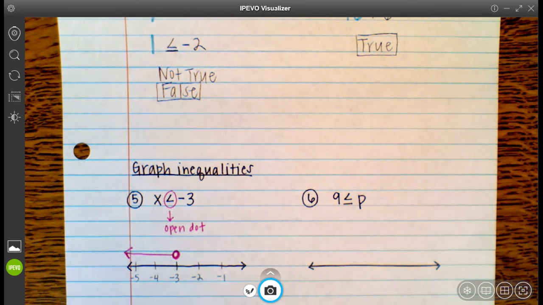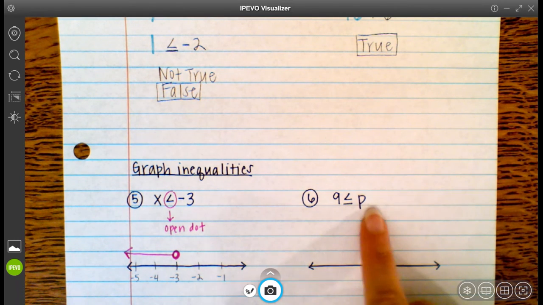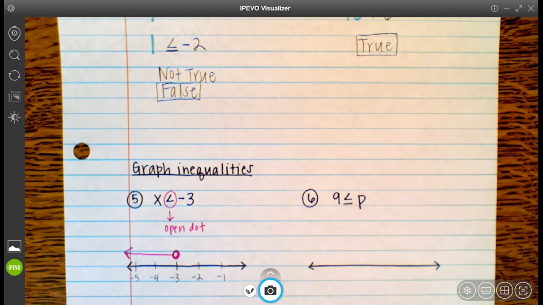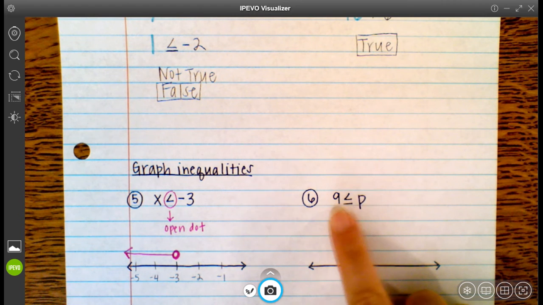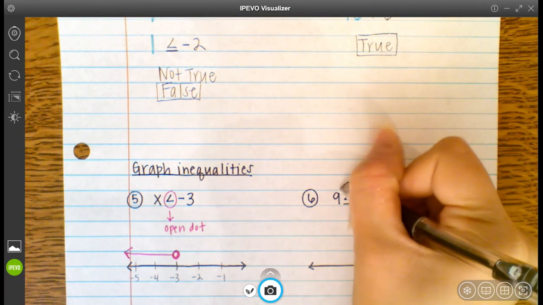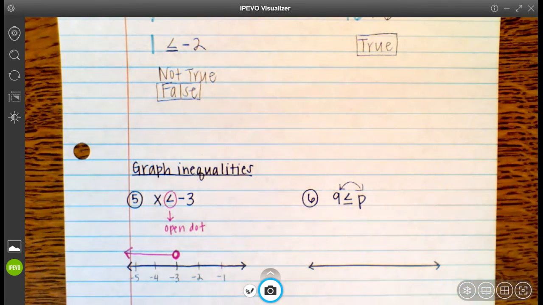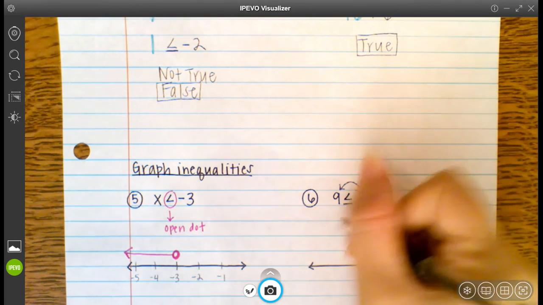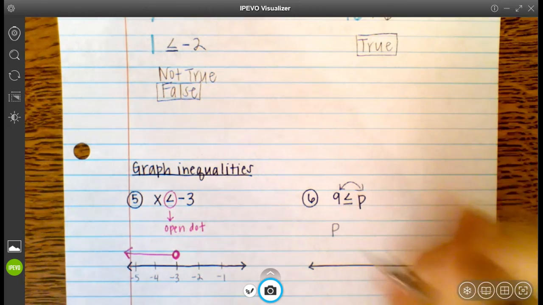Okay, but in number 6, there's something a little wonky here. We have 9 is less than or equal to p. Before you can actually graph this inequality, guys, you have to make sure that your variable is on the left side. And I'll prove it to you here in just a second why that is. So to do that, we literally need to swap our p and our 9. So the p is now going to go on the left side.